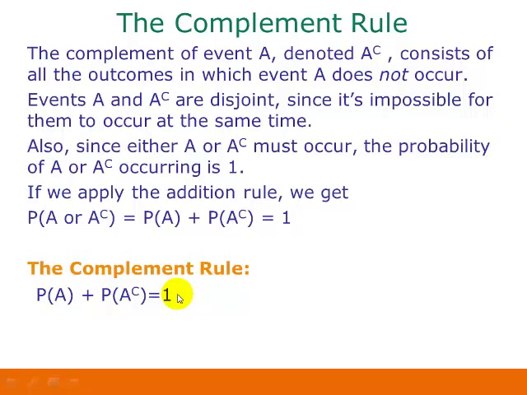And usually to use this rule, we turn it around. So if we solve this for the probability of A complement, we get 1 minus the probability of A. If we solve it for the probability of A, we get 1 minus the probability of A complement. So the first one is the formal complement rule. These two other ones are how we usually use the complement rule.